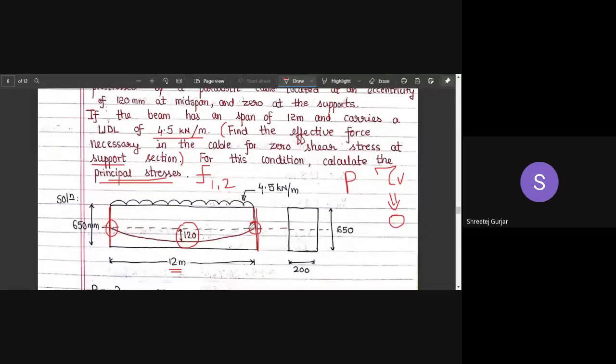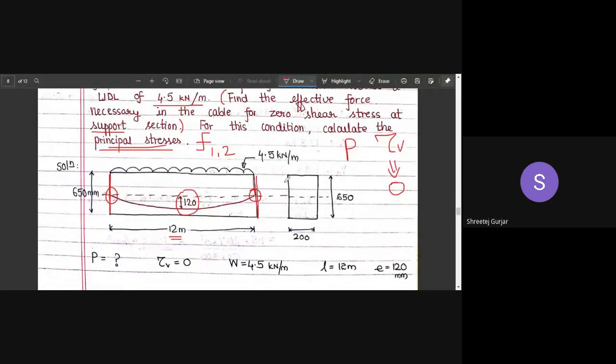So applying this condition, you can find out the required pre-stressing force P. They have not given us P, they have given us a condition, so we can use this condition to calculate P. After you have calculated P, we can calculate your principal stresses. Okay, so this is the problem statement.